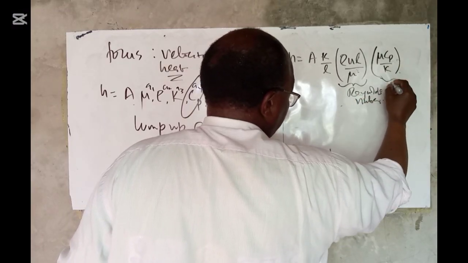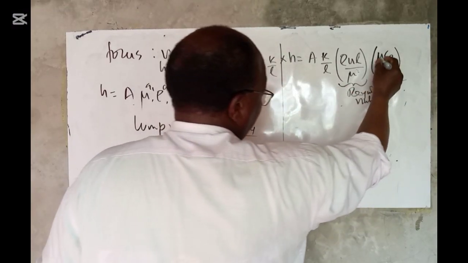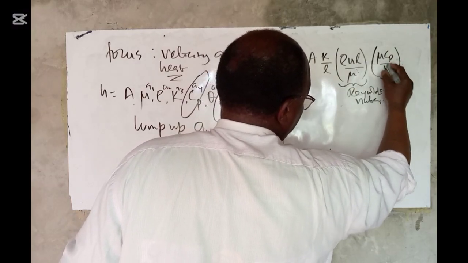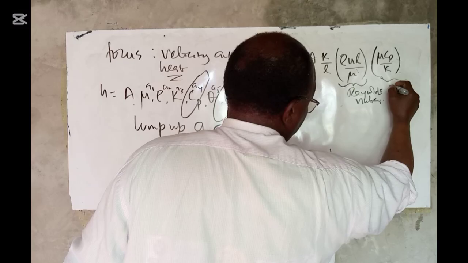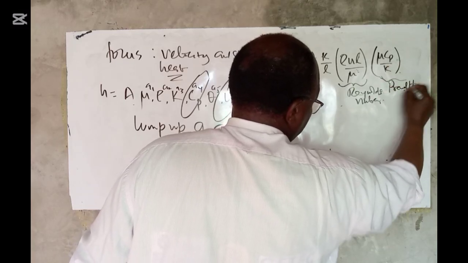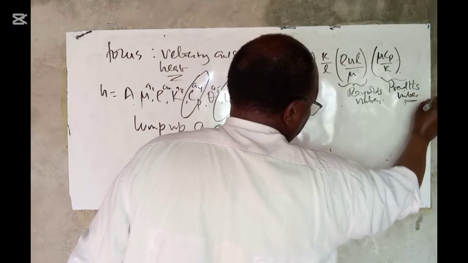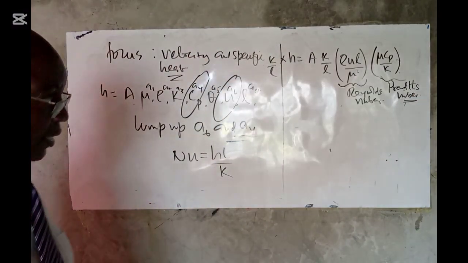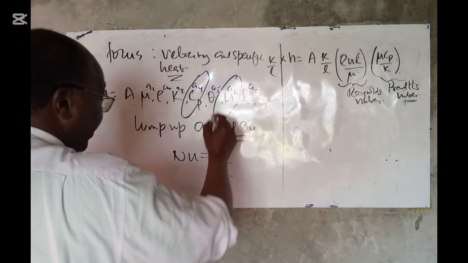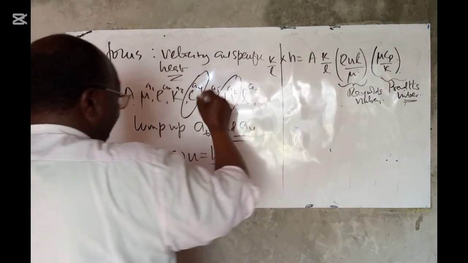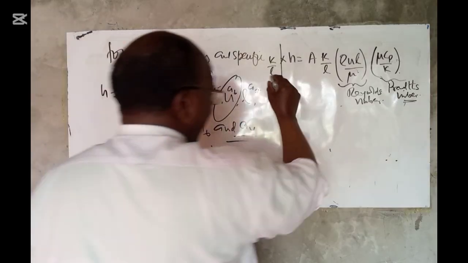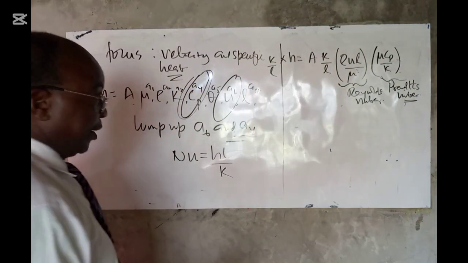And this is thermal conductivity. A Prandtl number. That is the Prandtl number. Very important for us to remember. So we have just lumped the velocities and the quantities dealing with specific heat. And so we have these particular expressions.